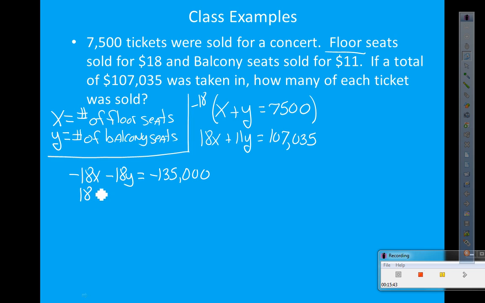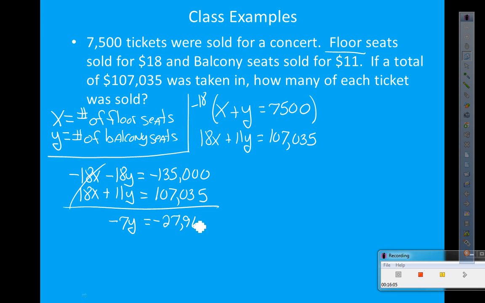And the bottom equation I'm just going to leave alone. If I add, something better drop out, of course, so the x's drop out. So I've got negative 7y equal negative 27,965.